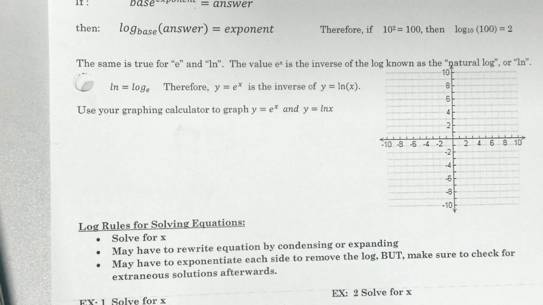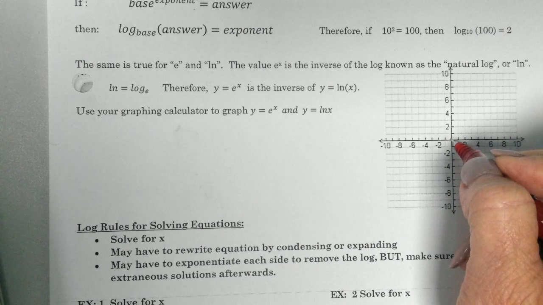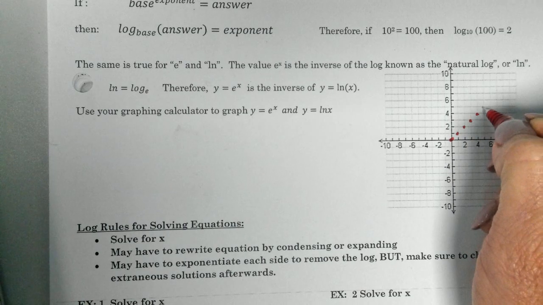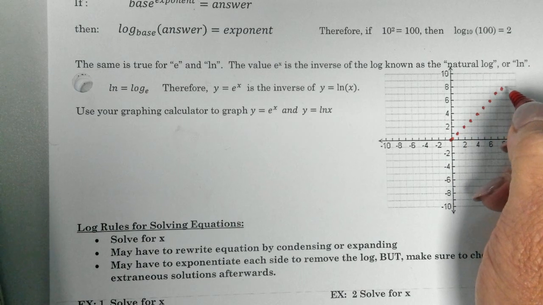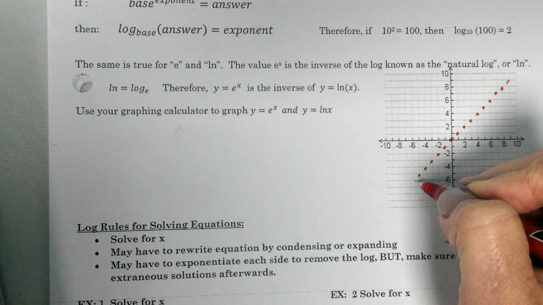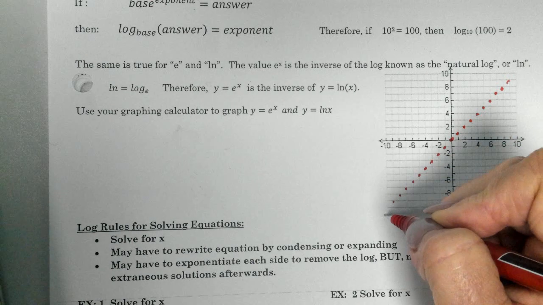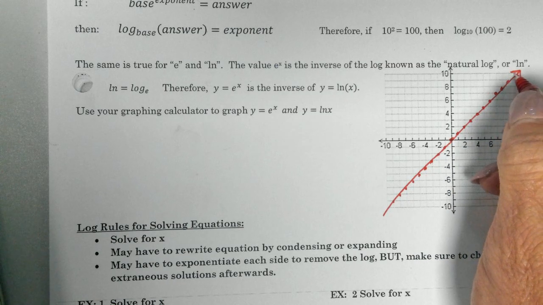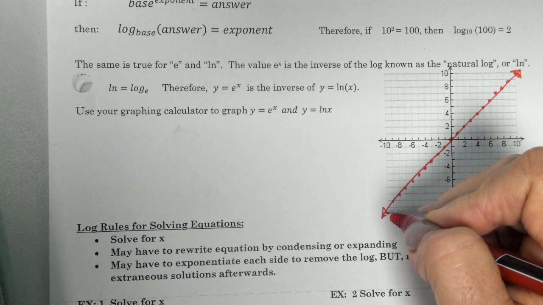And we're going to graph these as well. I'm going to go ahead and put my y equals x in here so that I can see the reflection. But all you need is a couple of valid points for each of those so that you can see what's going on.